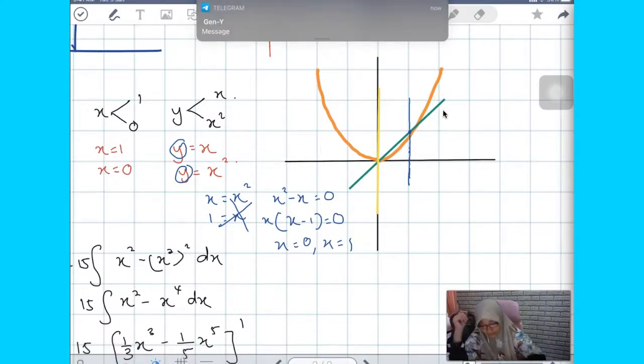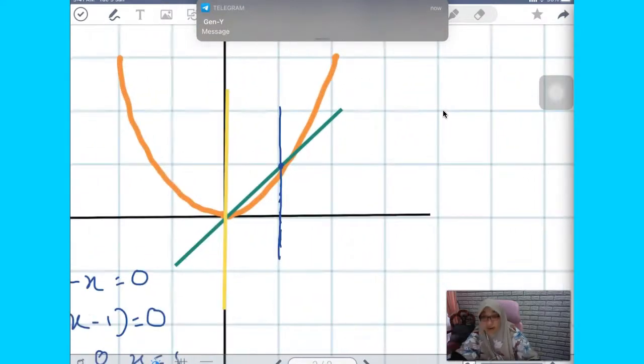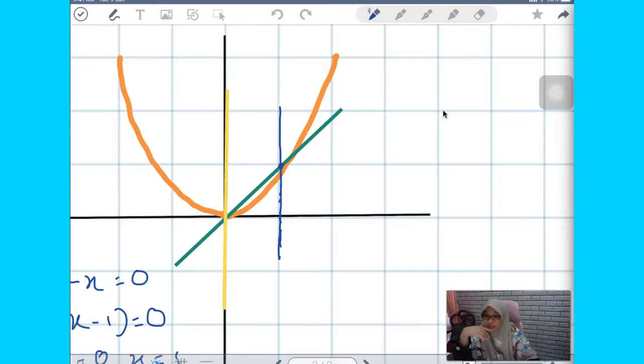Okay, based on the graph that we sketch here, now you ask yourself, which is the region that we need to shade, which satisfies all the four lines or curves?